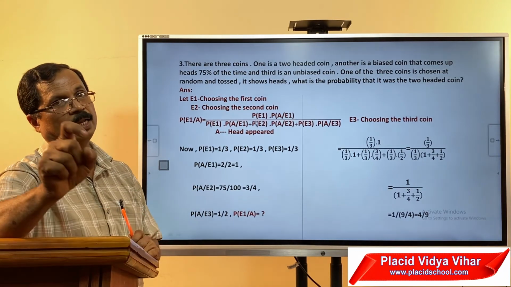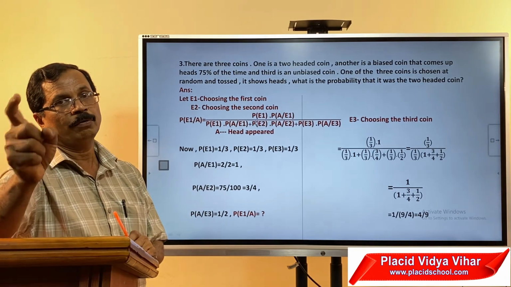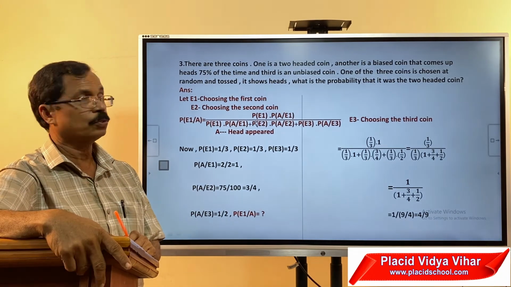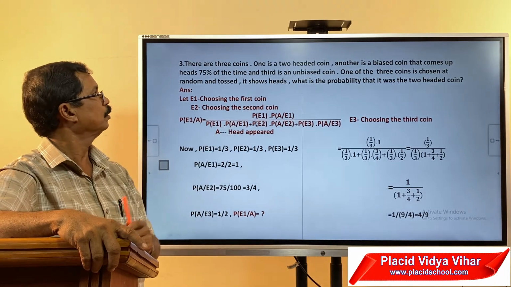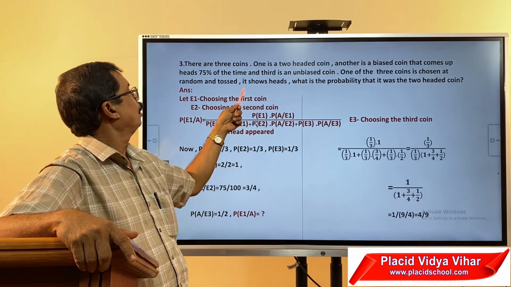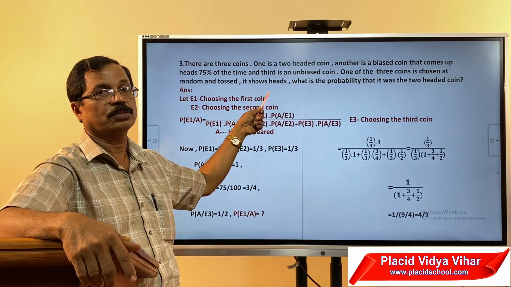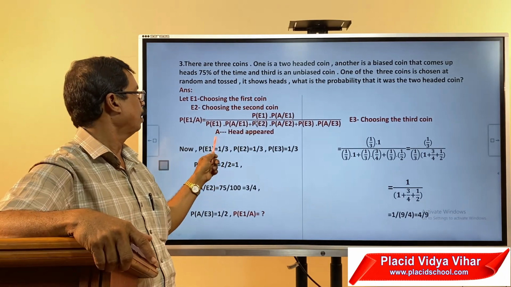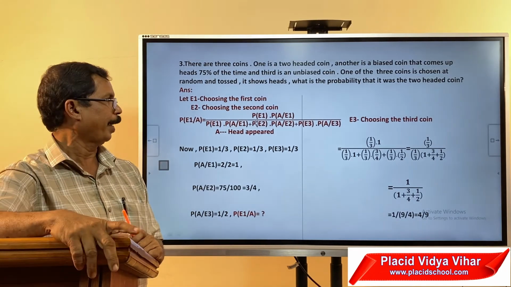Then, in addition to these 3 events, we have to define another event, that is the event of what actually happened. One of the 3 coins is chosen at random and tossed and it shows head. That is important. So your A is head appeared. Take capital A as that event.